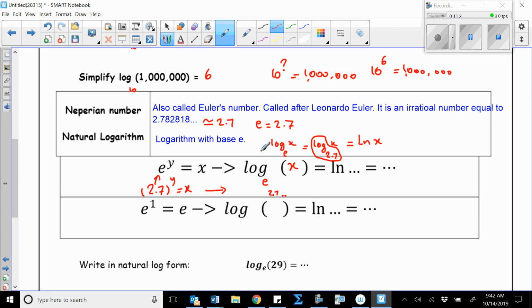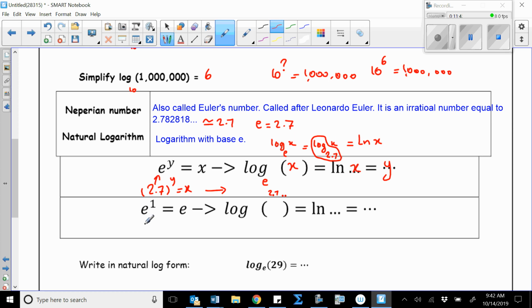Now, again, instead of writing log of x with base e, you're going to write just natural log of x, or ln of x. And in this example, that is equal to y, because e to the power of y is equal to x.